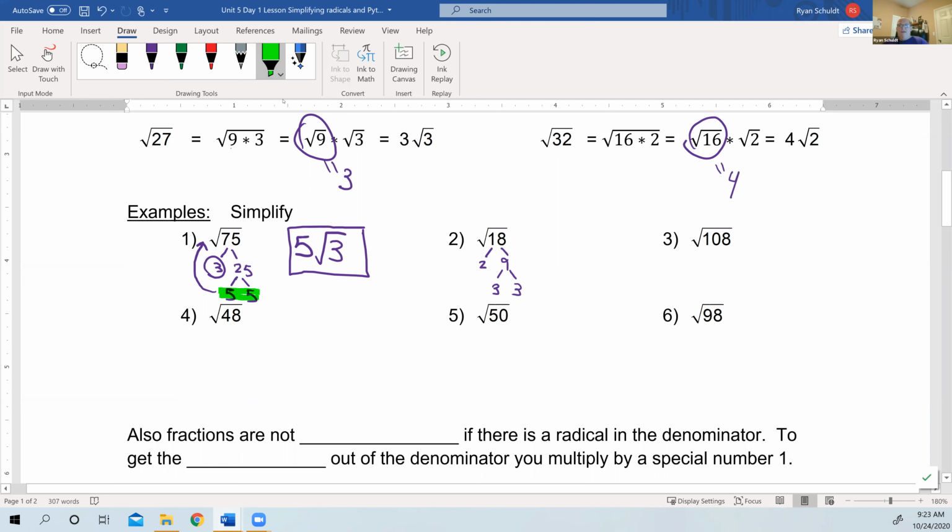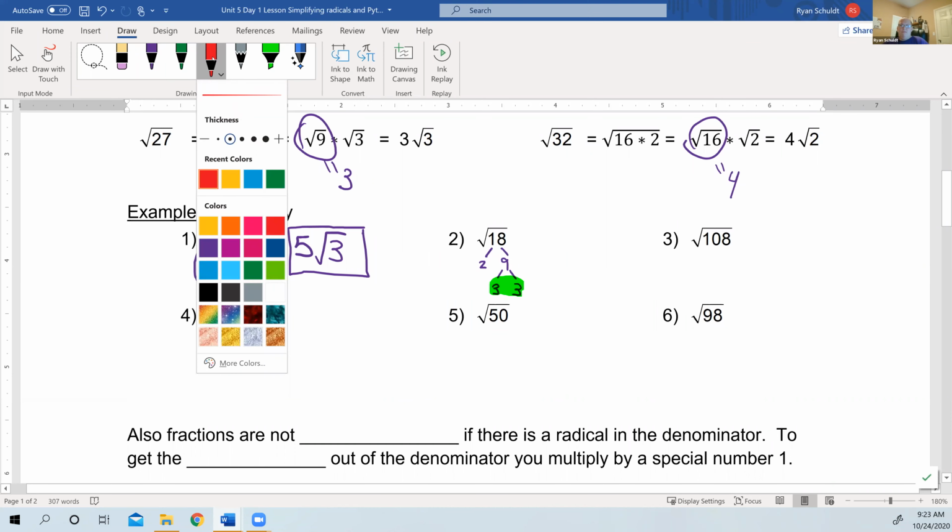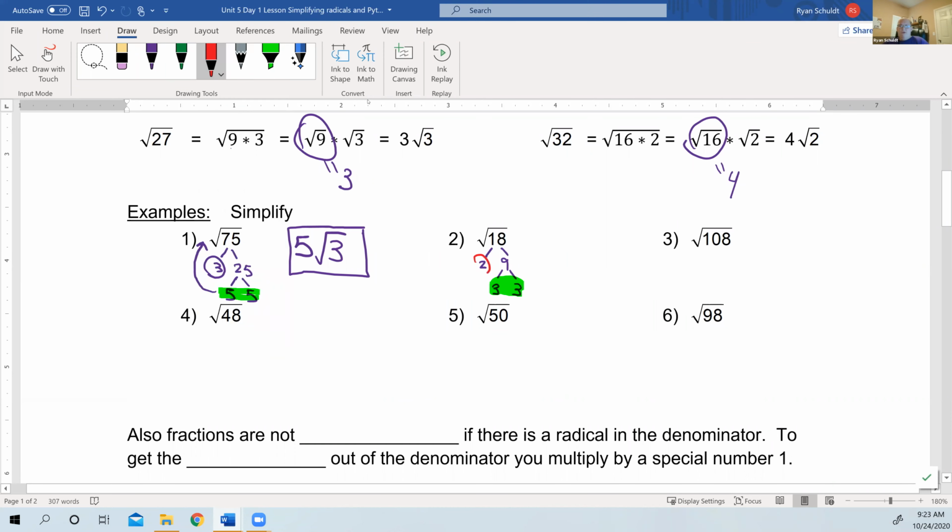Now, let's look for any couples at the ends here. Here's a couple. Do we have any singles? The 2. He has to stay home under the radical. Sorry, but he didn't get to go out on a date. Couples come out, and they become 1. Hopefully you're not going to go out on a date and then say, I'm leaving you here, you got to walk home.